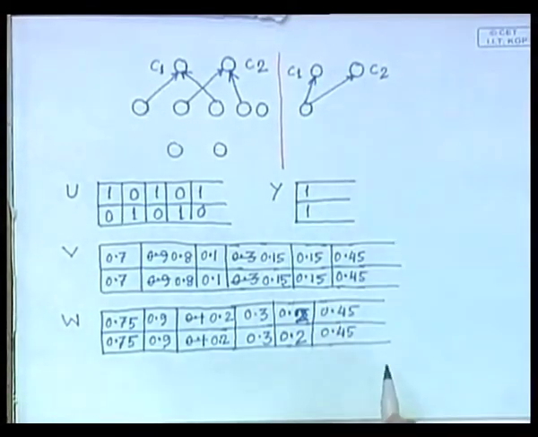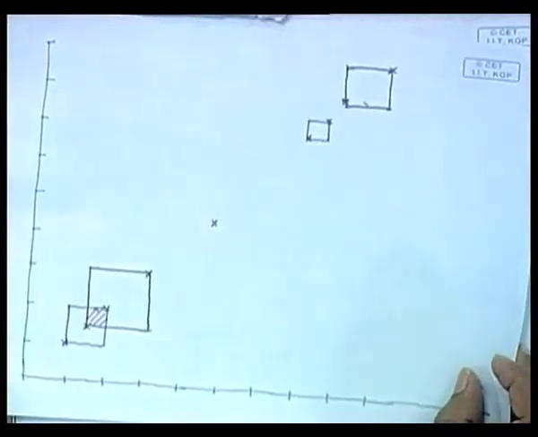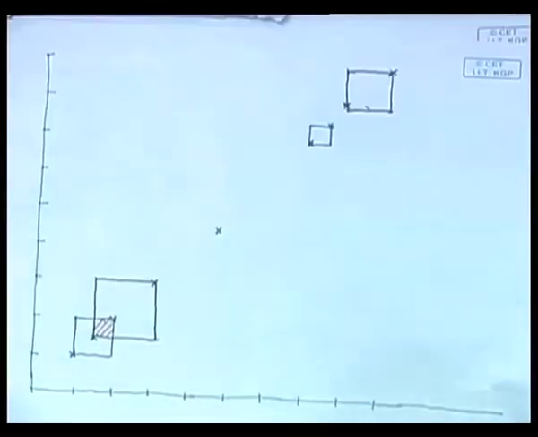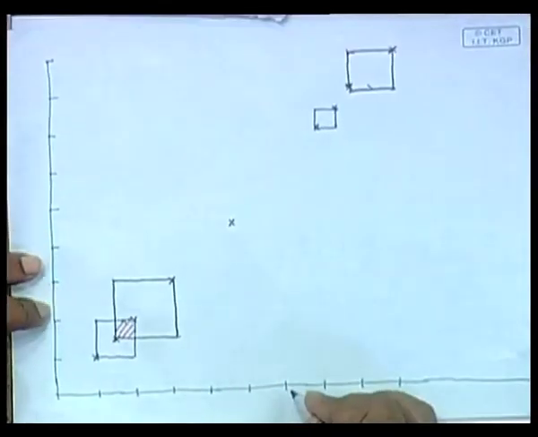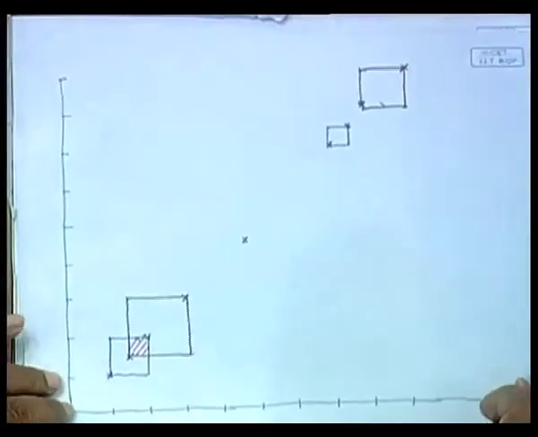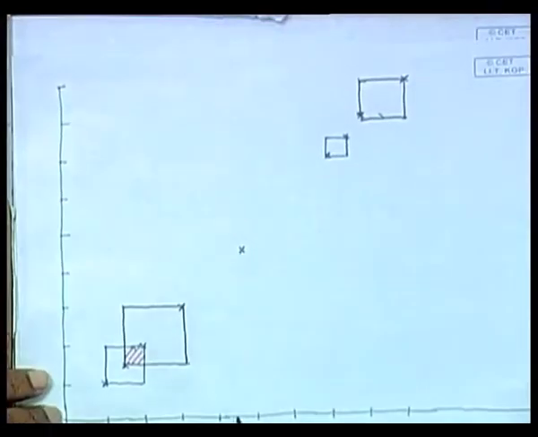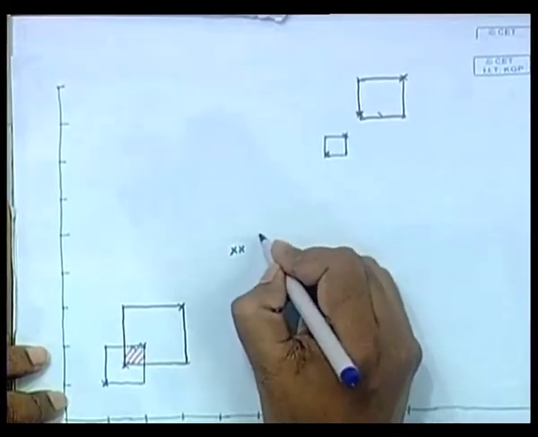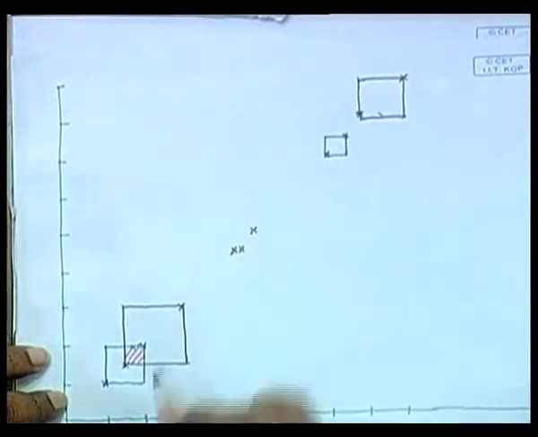Then I take the next point, which is 0.5, 0.5, and put it over here. The previous one is 0.45, 0.45, somewhere here.